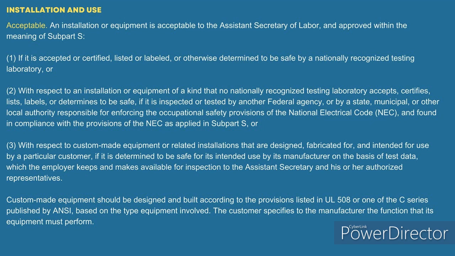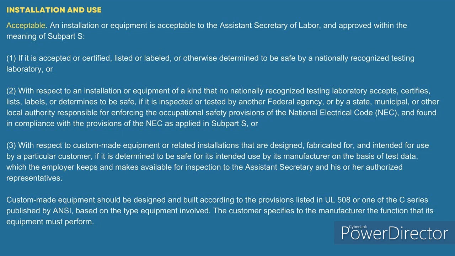Then it says in paragraph 2, with respect to an installation or equipment of a kind that no nationally recognized testing laboratory accepts, certifies, lists, labels, or determines to be safe, if it is inspected or tested by another federal agency, or by a state, municipal, or other local authority having responsibility for enforcing the occupational safety provisions of the National Electrical Code, and found in compliance with the provisions of the NEC, or as applied in subpart S. Basically, we just looked at that a while ago.